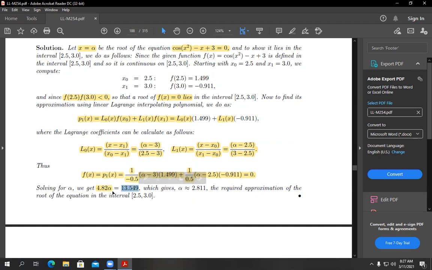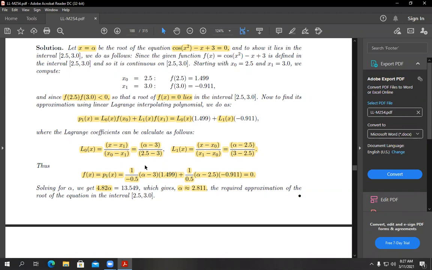Calculate the value of alpha by taking this 4.82 in the denominator. And then you simplify. You have the approximation of the root of the nonlinear equation with the help of the linear Lagrange interpolating polynomial, which is 2.8. And this is a correct value. Why? Because the root must be inside the interval. So 2.5 is inside, so alhamdulillah, things are okay here.